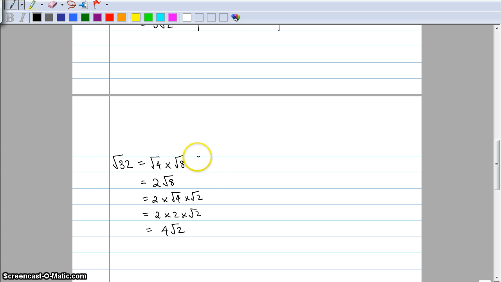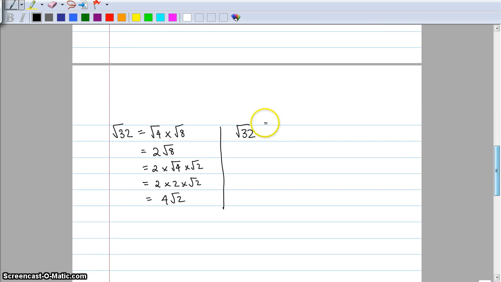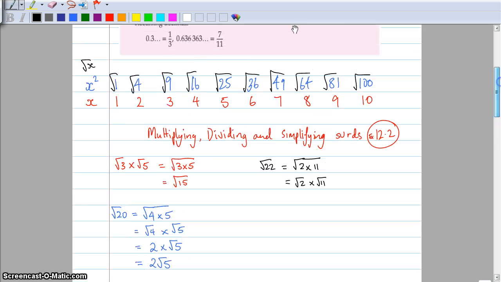So I actually had to perform the process twice. Let me show you how I could avoid that. If I had the square root of 32 and I chose the highest number, in this case root 16, it becomes root 16 multiplied by root 2, which very easily becomes 4 root 2. A much simpler step. It's probably a little bit harder dealing with higher numbers, particularly if you've got 4 or 5 times these. 4 or 5 times 49, for instance, would be quite challenging.